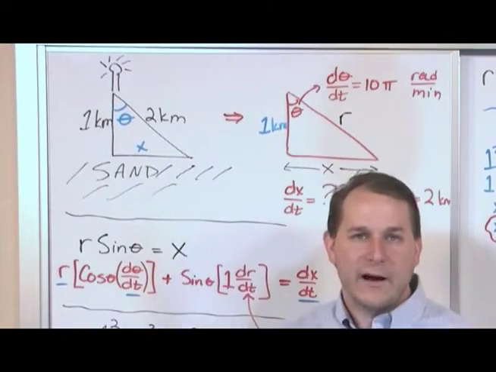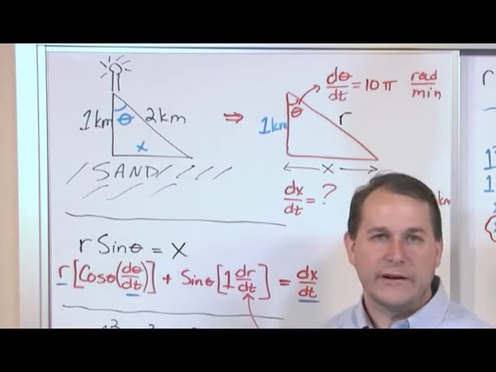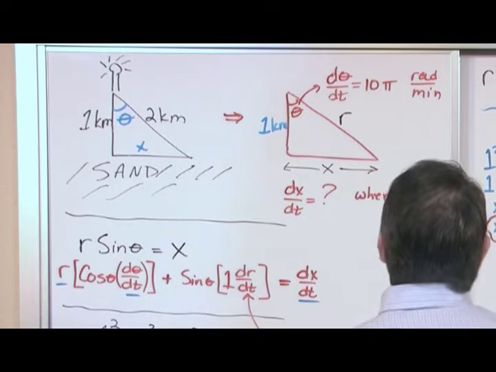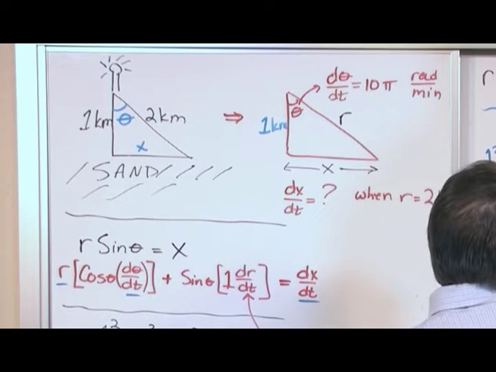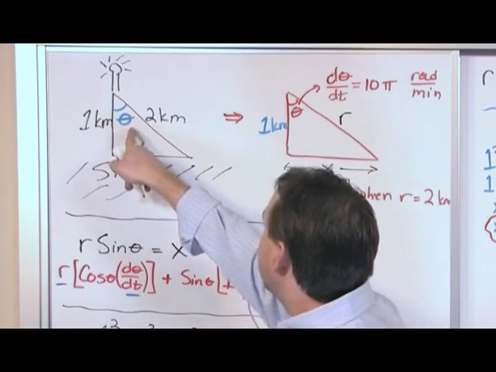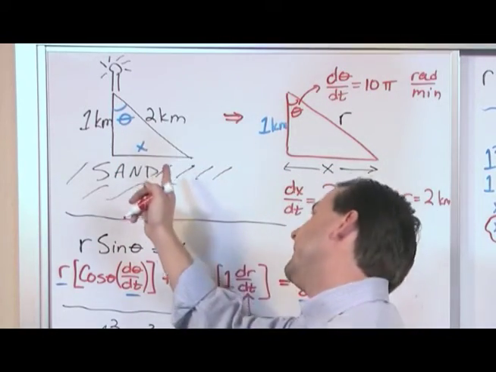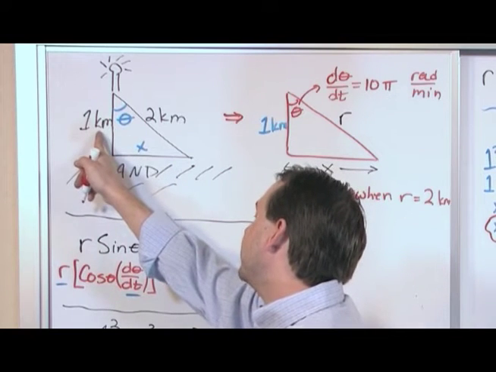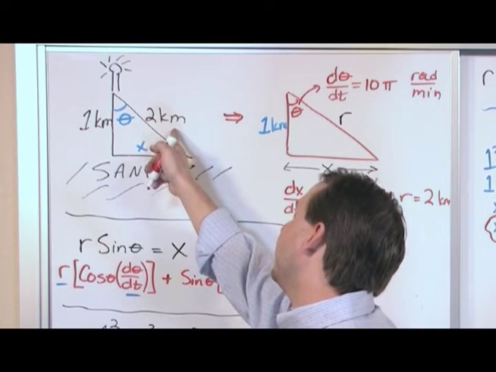I'm given a right triangle. I'm given 2 sides of the right triangle. I can certainly find the sine and the cosine, so I just need to do that. If you tilt your head sideways, the cosine of this angle is going to be the adjacent side, which is 1, over the hypotenuse, which is 2.